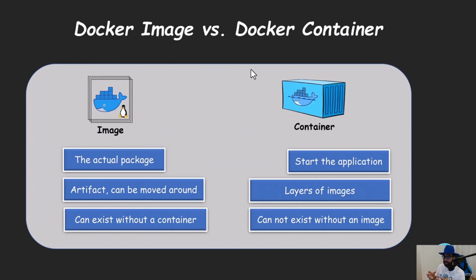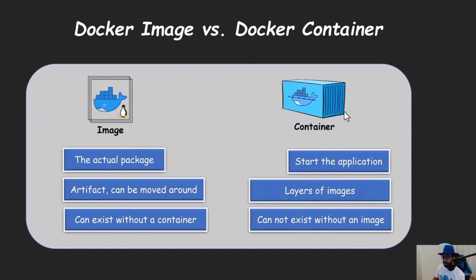So it's basically like an artifact that can be moved around, and it can exist without a container. So again, what is an image? It's basically the actual package. So MySQL is an image. Apache is an image. MongoDB is an image. Redis is an image. Ubuntu or Alpine is a Linux image as well. All of these are images.